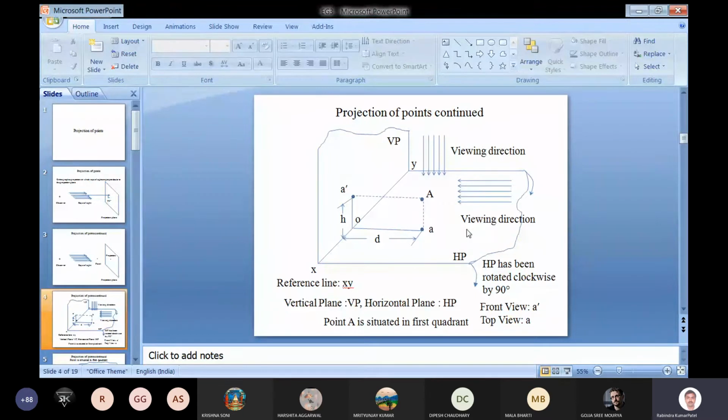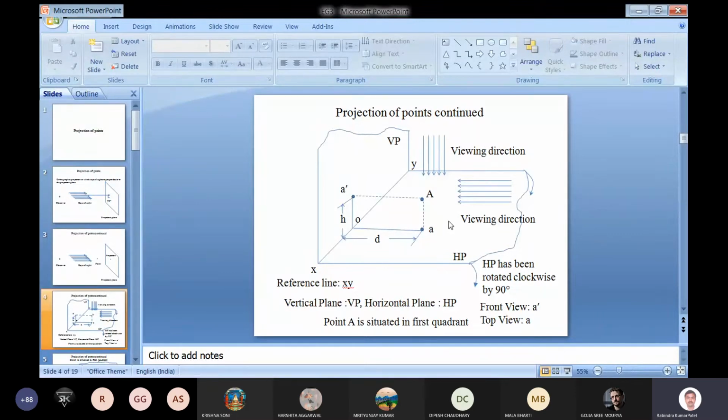Next, we don't want such a three-dimensional picture of this projection. We want a projection which can be easily understood. For that, we show the projections, that is the top view and front view of any point, on a single plane.